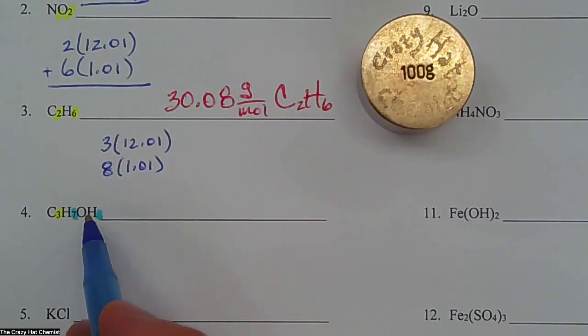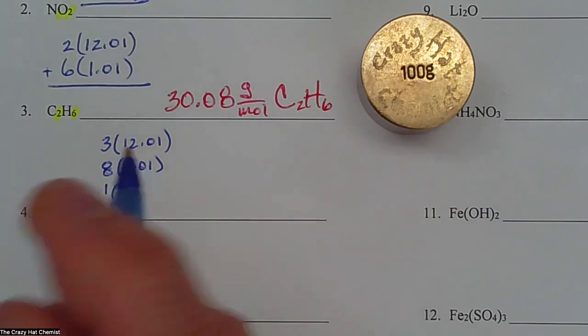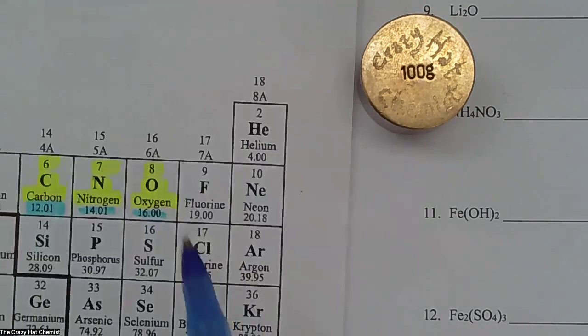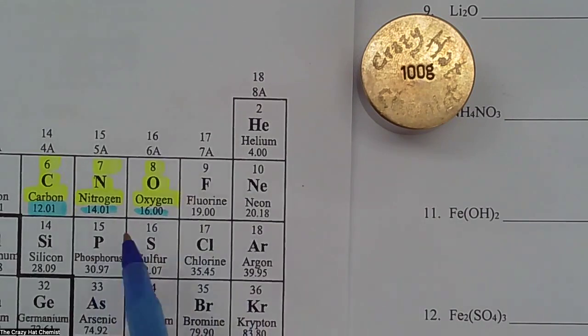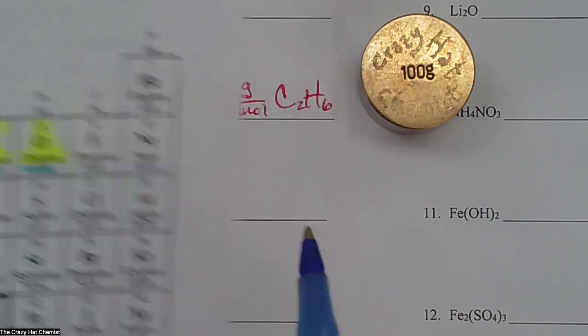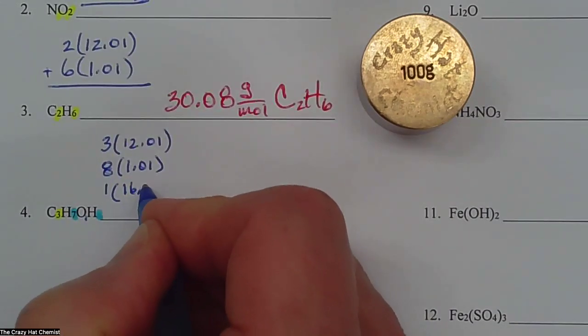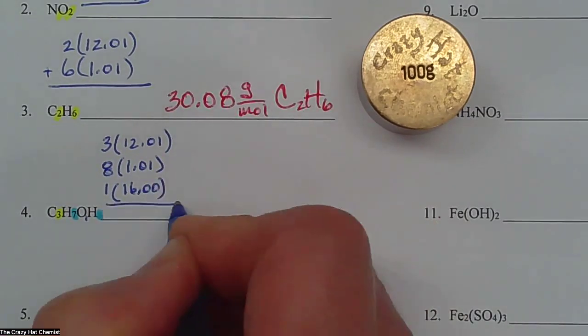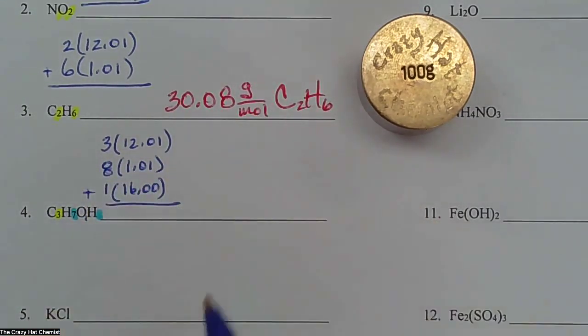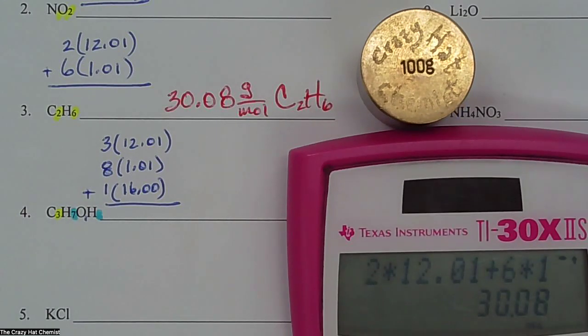And then there's 1 oxygen, and oxygen is atomic number 8. There it is right there. It's a molar mass of 16.00. We're going to multiply and then add them up, and we'll get our correct answer here.